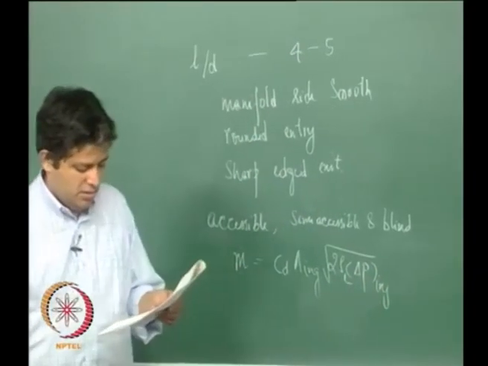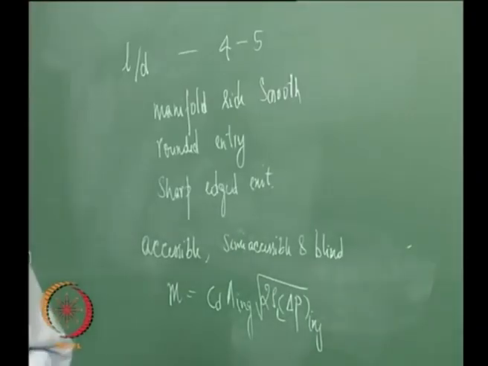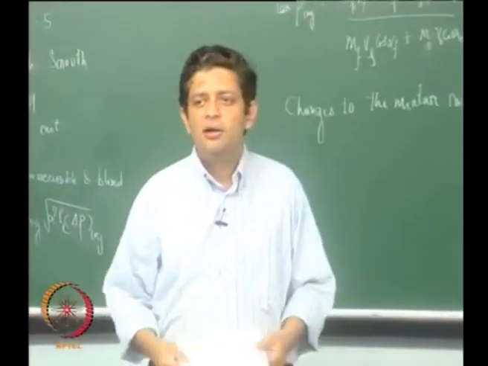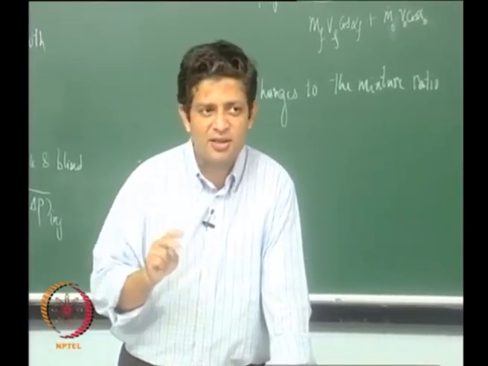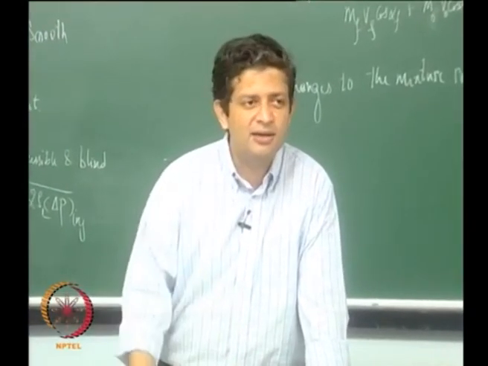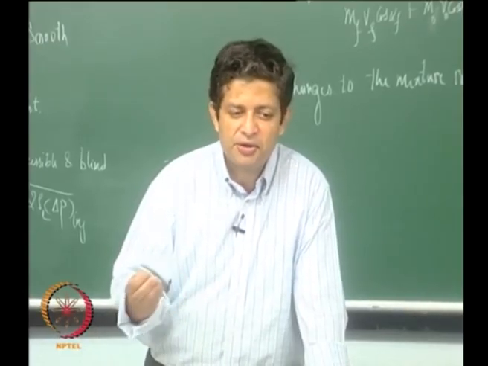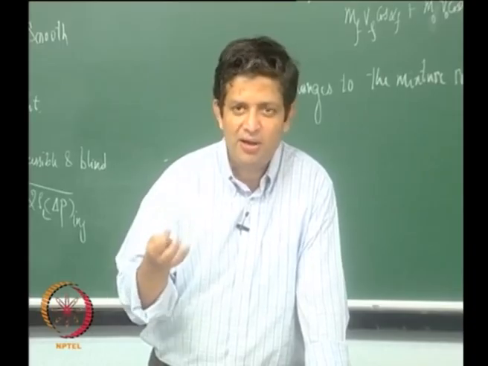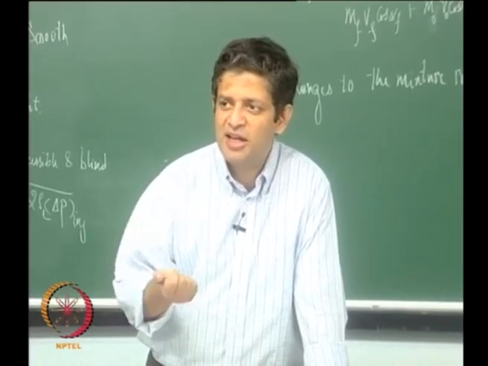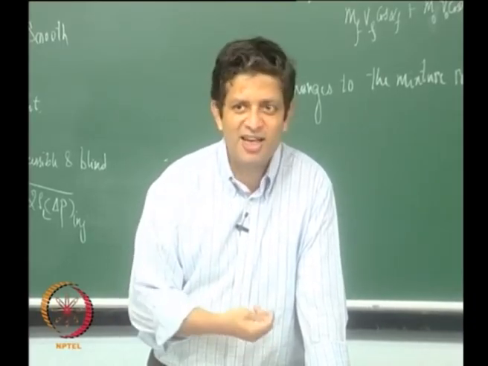delta P, right. If you want to change the mass flow rate, remember that liquid rocket motors can be throttled, that is, we can increase or decrease the thrust. Looking at this expression, CD is fixed, the density of the liquid is fixed, and the injector area is fixed.